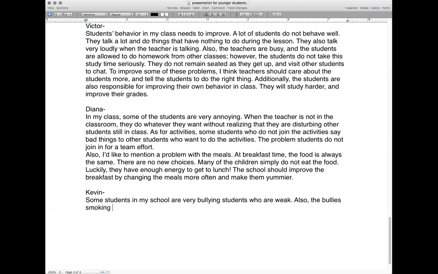Yeah, this is pretty bad. Where do they smoke? In the toilets or outside the classroom? They are smoking outside the school. Do the teachers see it? No, the teachers don't see this.